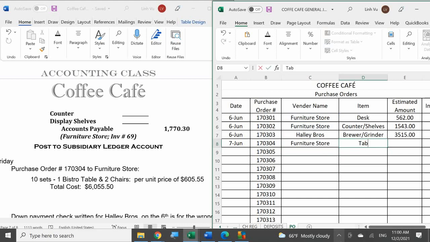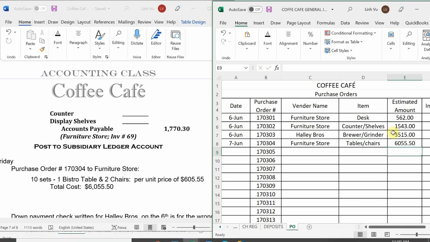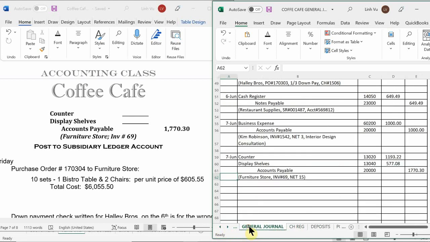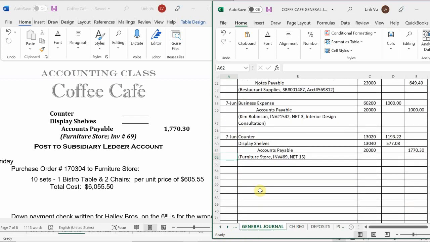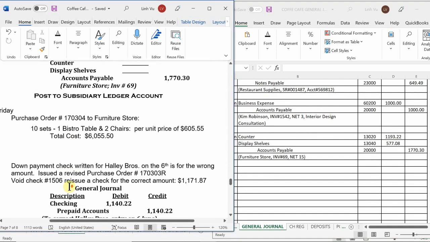We bought tables and chairs, in the total amount of $6,055.50. Okay? So now that that's a transaction that we don't journalize, let's see what has happened next.